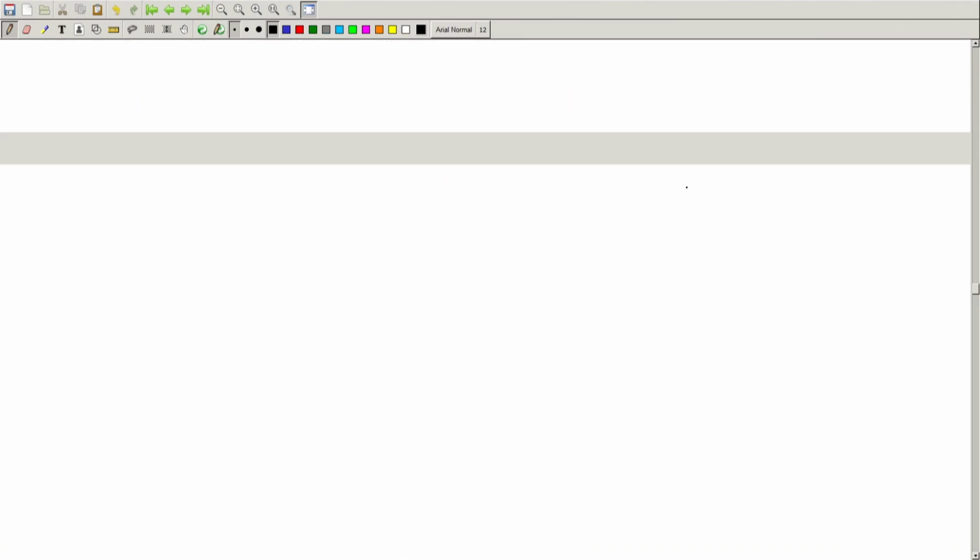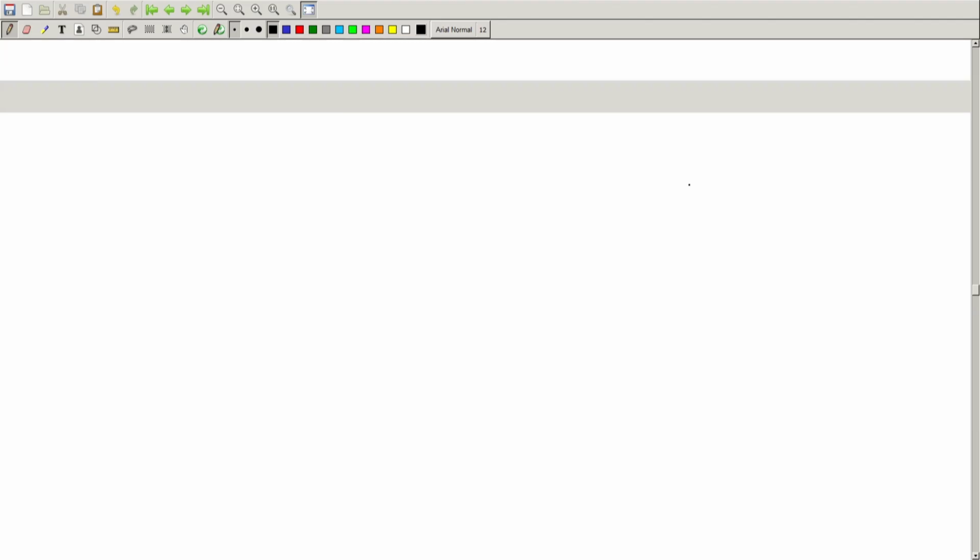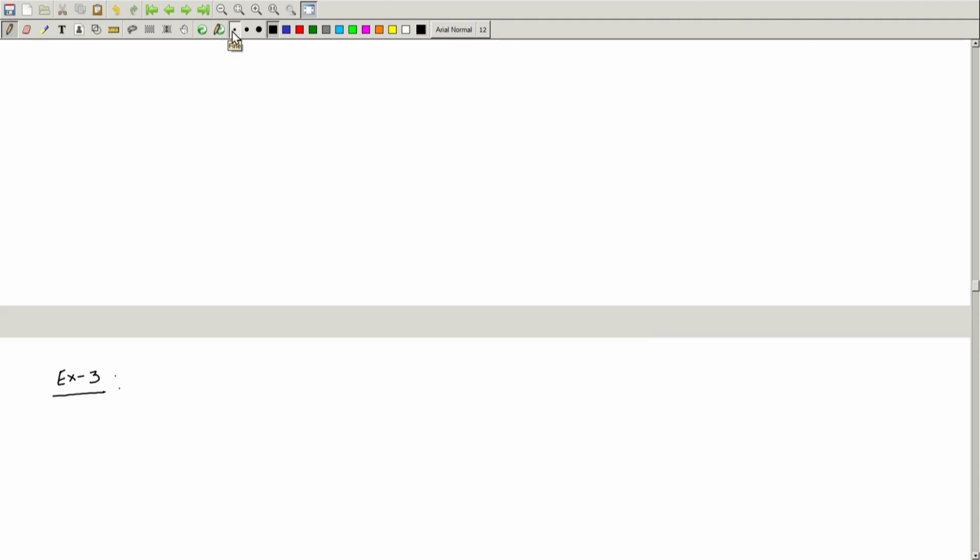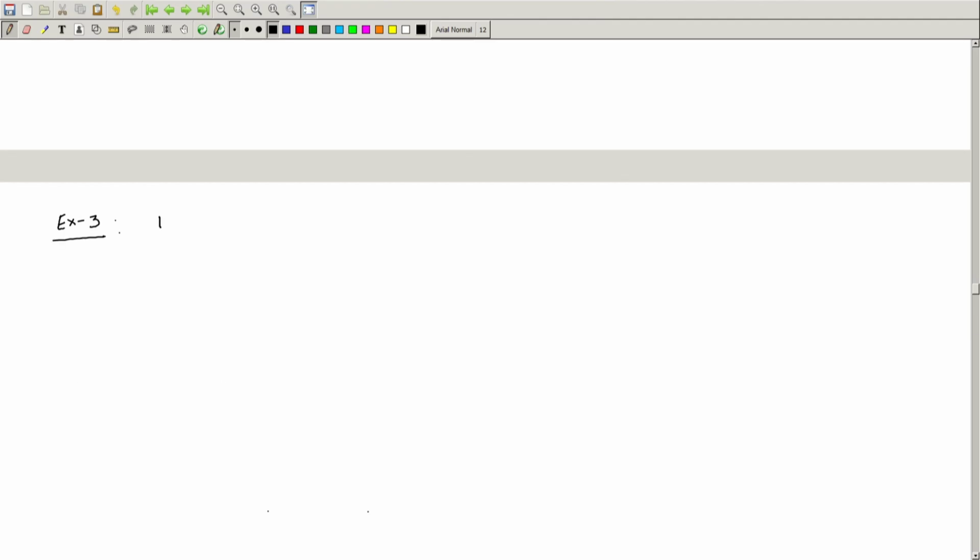Now, let me take another example and tell you the power of using price elasticity of demand and how it can inform a firm whether it needs to increase the price or decrease the price. So, let me call this example 3. Let us continue with the third example, where suppose we have a movie theater which is selling tickets to two groups of consumers.